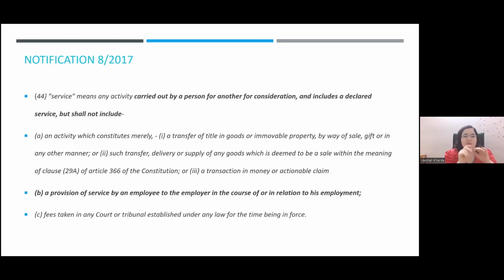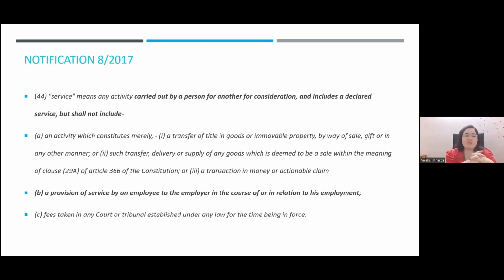Now, if we see the legal provision, earlier, before July 2017, that is the pre-GST period, service means any activity carried out by a person for another person for a consideration and includes a declared service, but does not include.